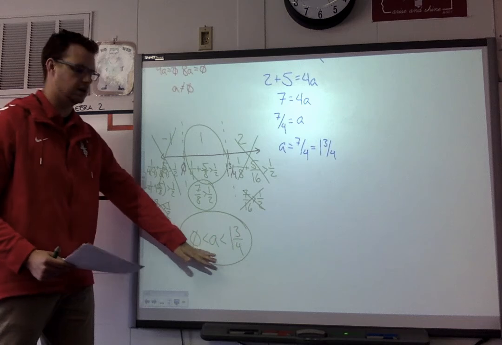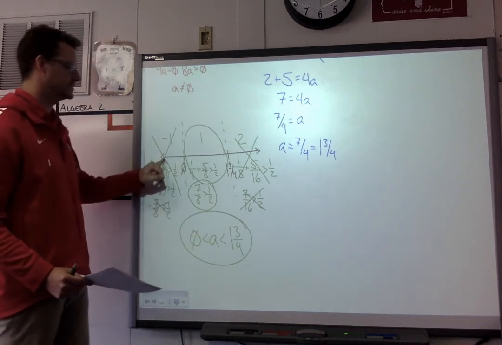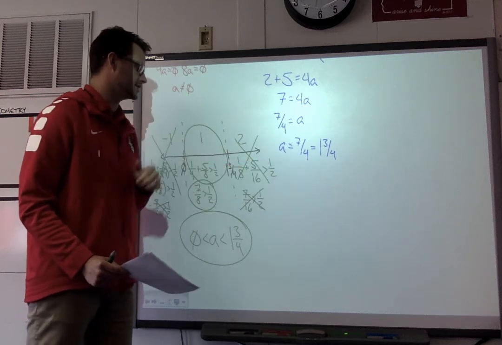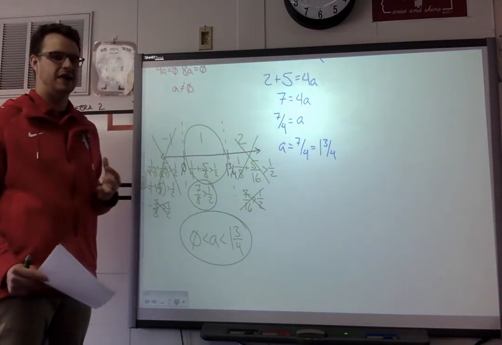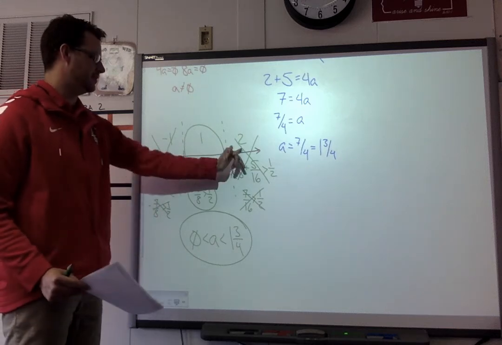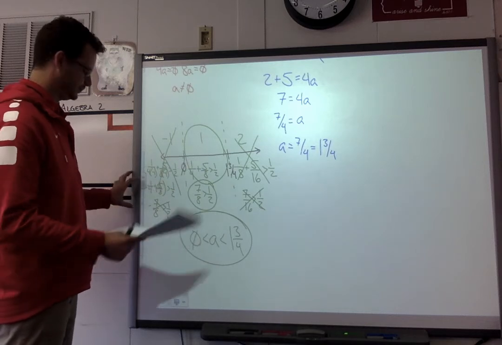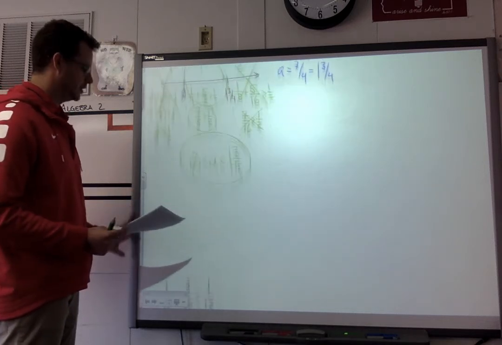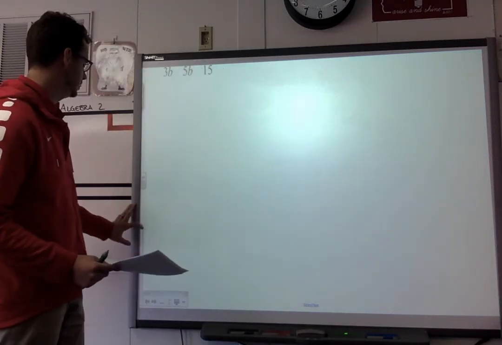So our solution here would have either been the way it was written, or it would have been a is less than 0, or a is greater than 1 3/4. So as long as you trust the math that you're doing, you really only have to test one of these sections and you'll know your answer. So I'm going to go ahead and do this last example showing that little shortcut.